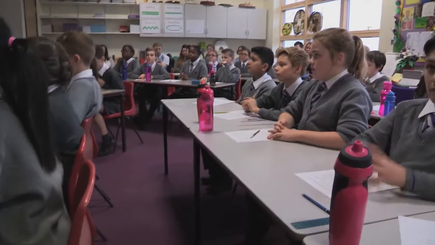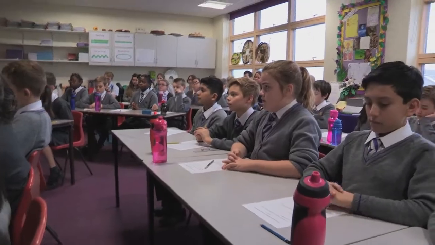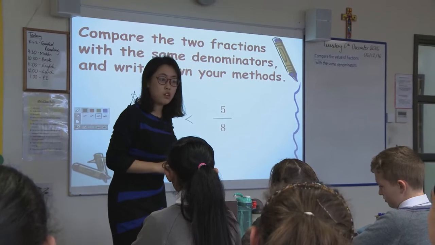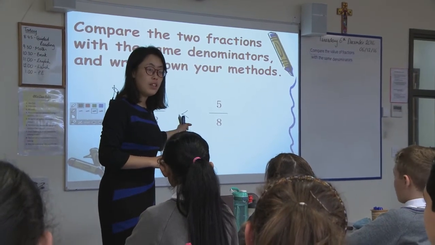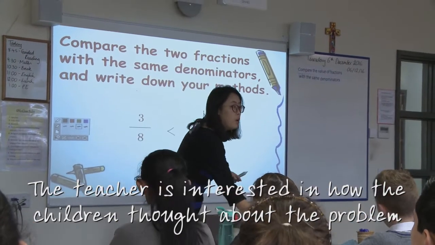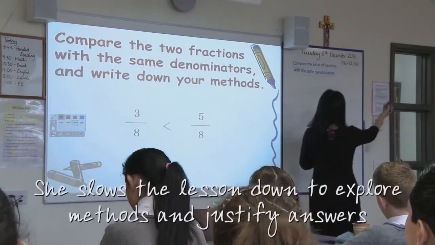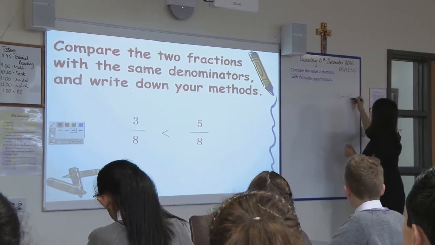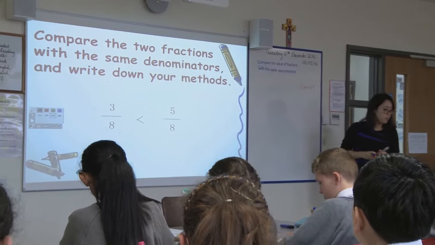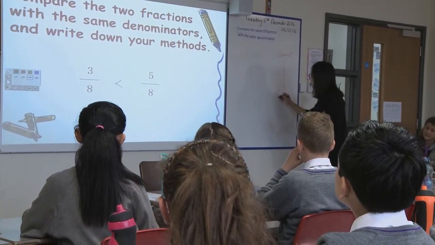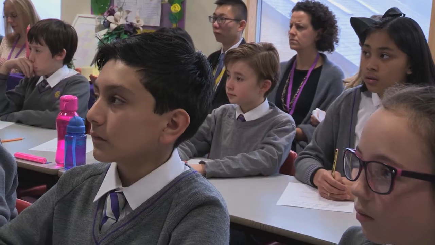Okay, I saw a lot of students write this on the paper. Is that a method? No, that's an answer. When we solve a problem, first we find a lot of methods to solve the problem, and then we get some answers.